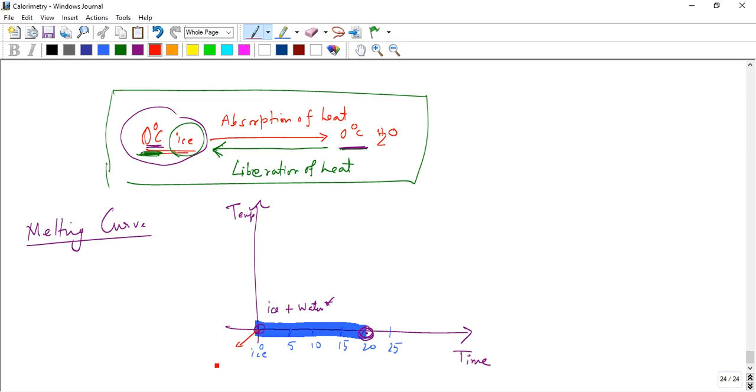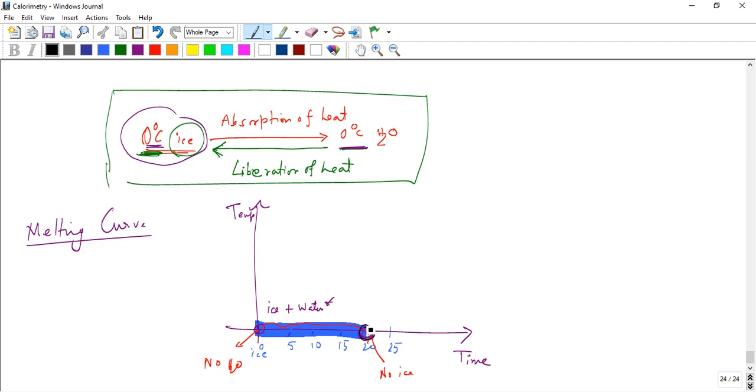Here there is no water, but here no ice. In between, from time to time, a small amount of ice converts into water. Here we see that all the ice has converted into water at that point.